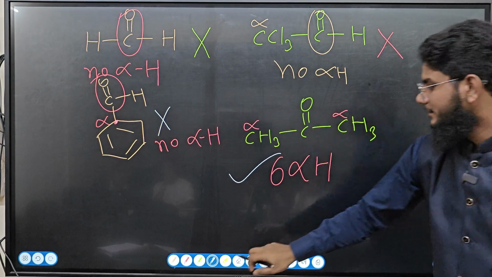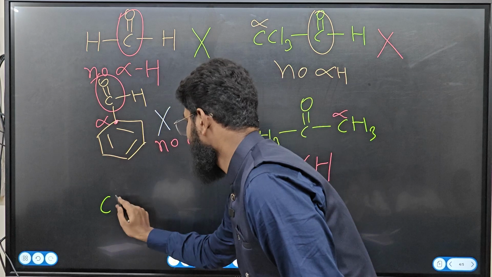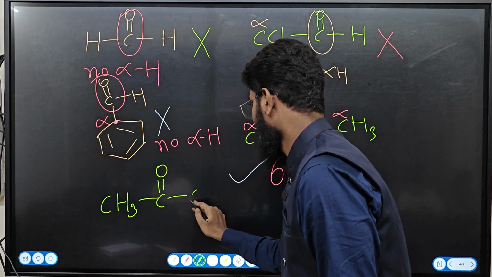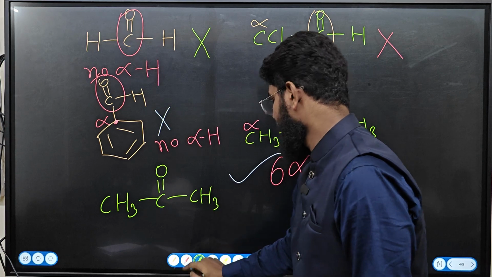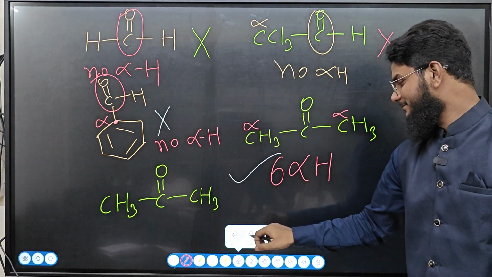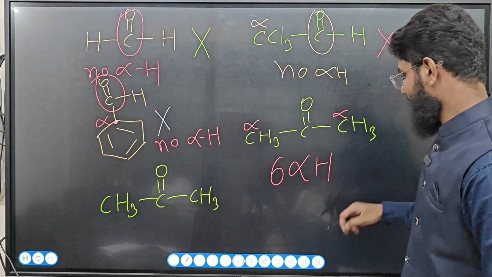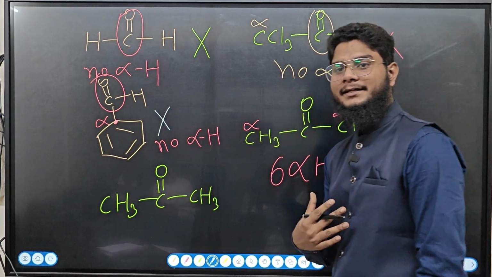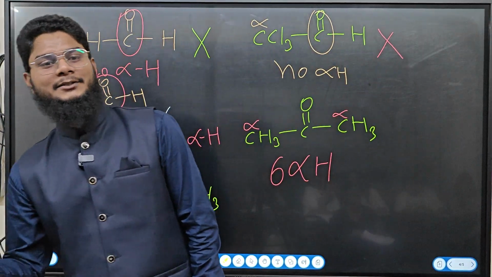So you have to try this one. I'm giving you the reaction, just try this. What is the name of this molecule? Acetone. You can use chemistry in your real life.